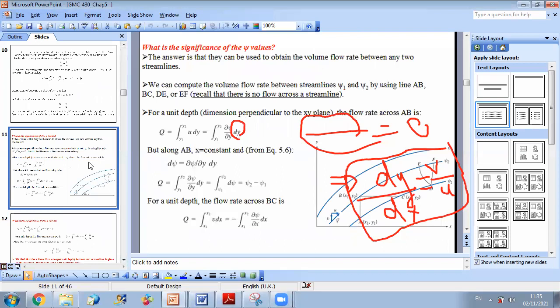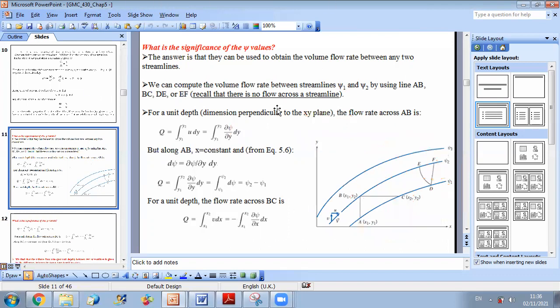Now, another importance of psi is that it can be used to calculate the volume flow rate between two streamlines. So if I want to calculate the value of the flow rate between two streamlines, I can use psi. How?